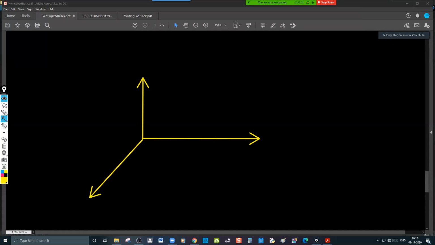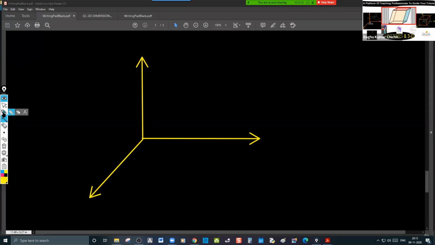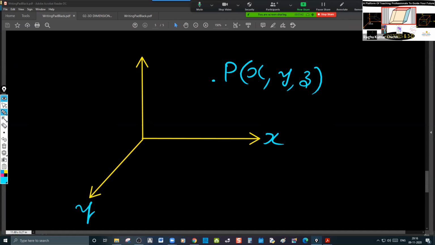This one, if I take a plane now, and if I take a point here, P (x, y, z), we discussed previously its distance from the x-axis. Now, what is our interest here? We want to find out its distance from the XY plane. For that, you have to drop a perpendicular from P onto the XY plane.